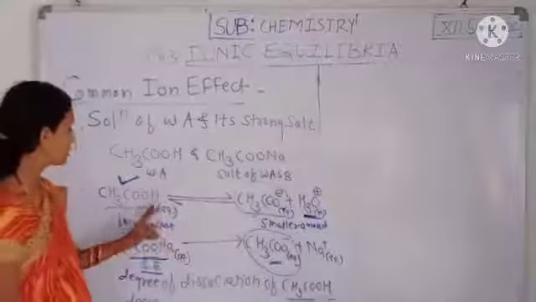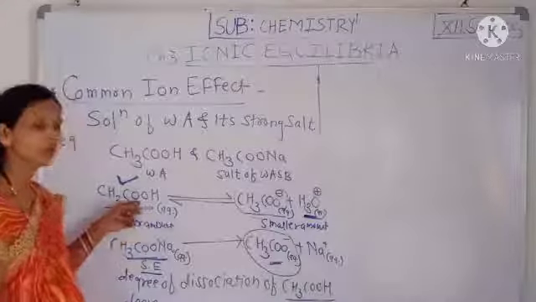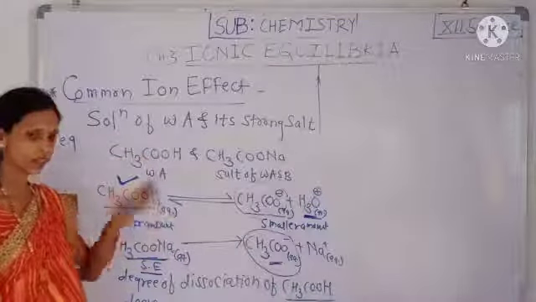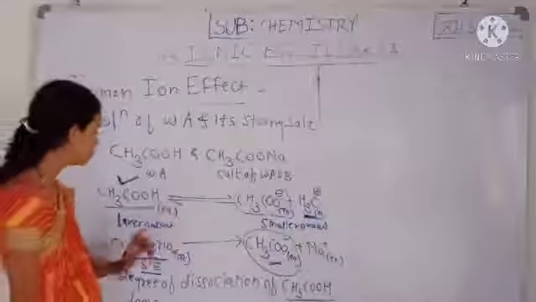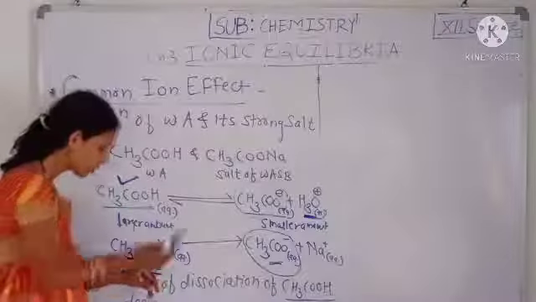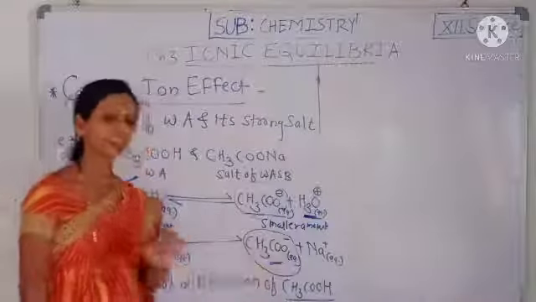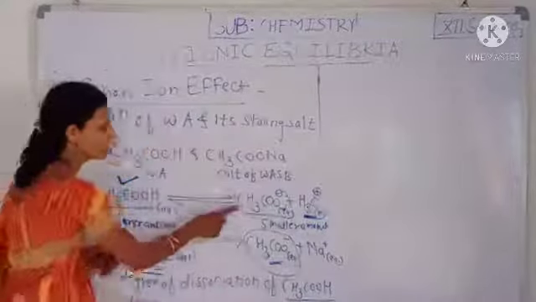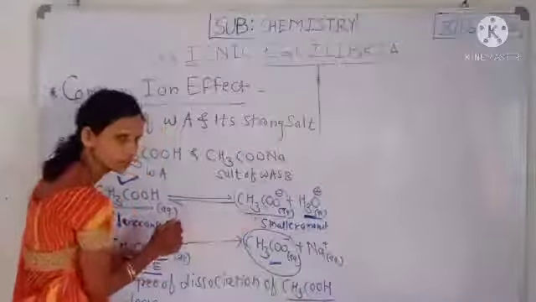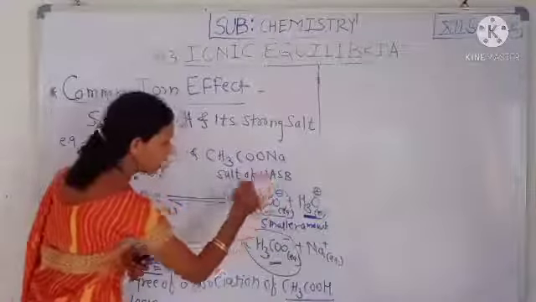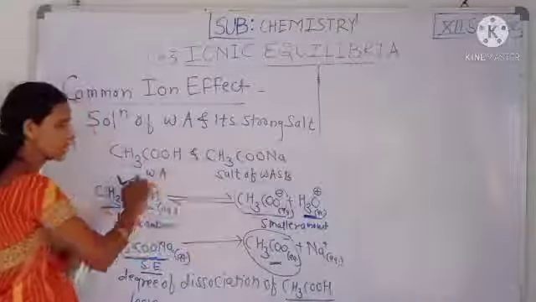The degree of dissociation of the weak electrolyte is suppressed or decreases due to the addition of a strong electrolyte containing the common ion. Because the concentration of the common ion increases, the excess common ion reacts with hydronium ion and the reverse reaction is favorable.